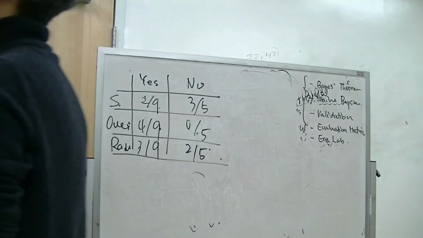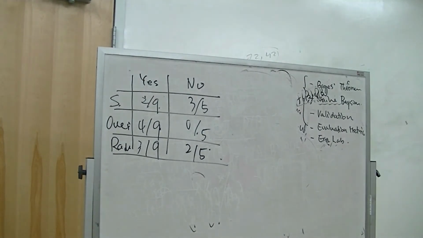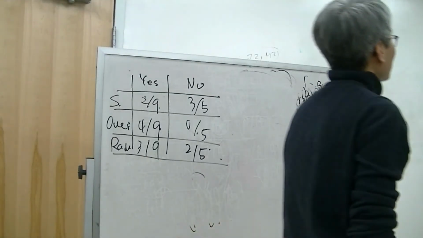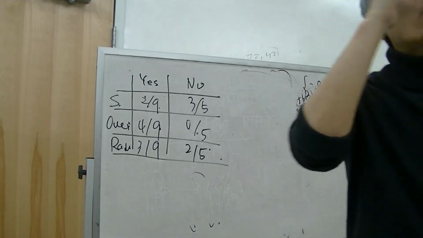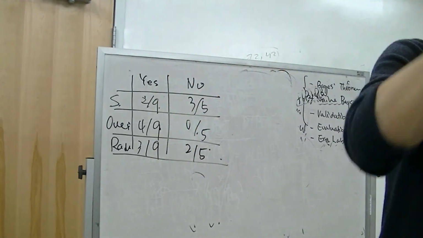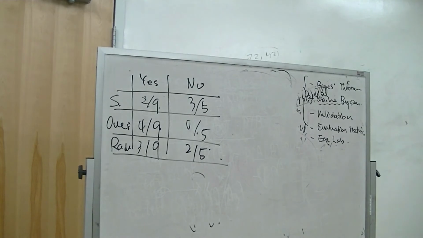You can fill out the other attributes, and finally calculate the P of play. How can we calculate? We assume all are independent, which means multiply, multiply, and multiply.